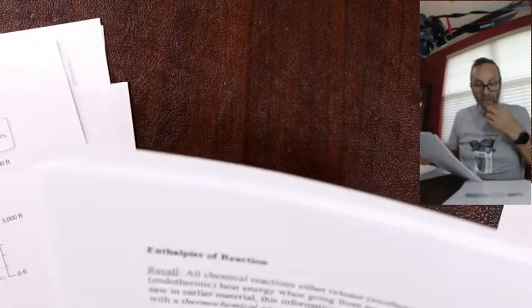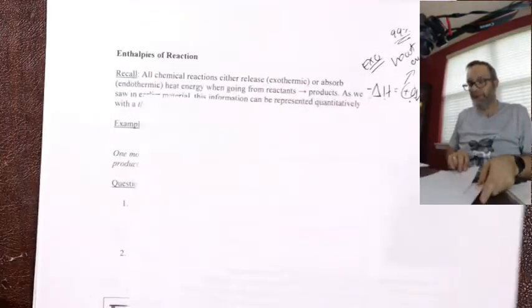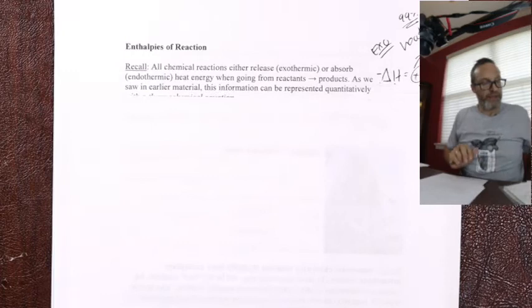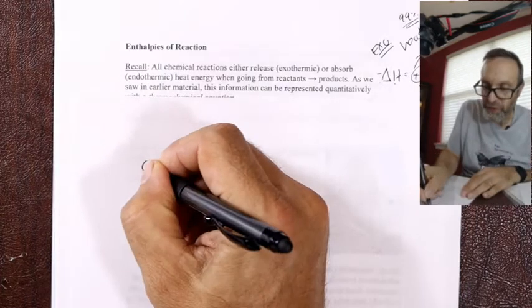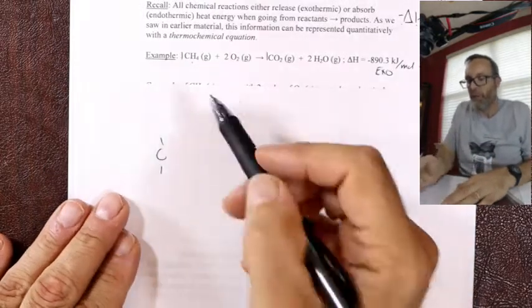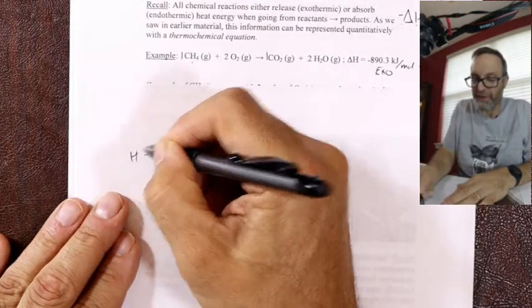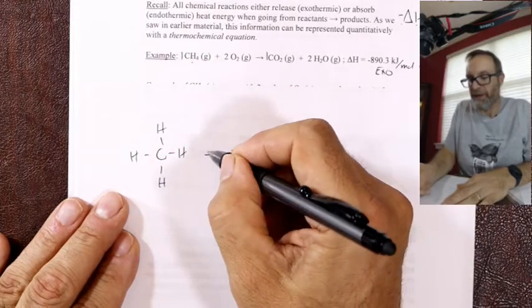If you look in the back of the packet, you can get a reasonable approximation for enthalpies just from bond strengths, right? So if I'm burning CH4, I give you that one. We'll do Lewis structures later, so you know how to do these. We'll meet this in class later formally.